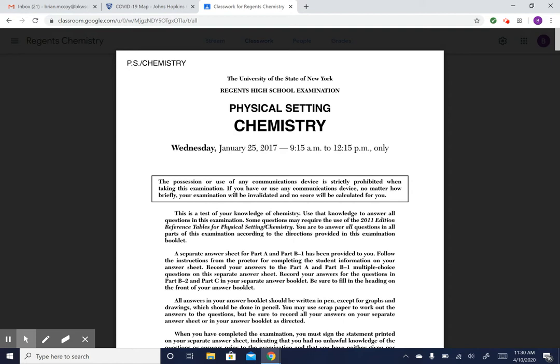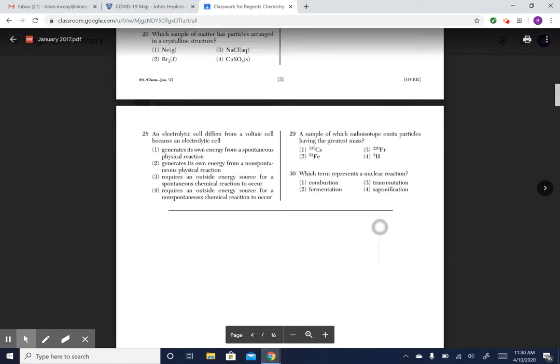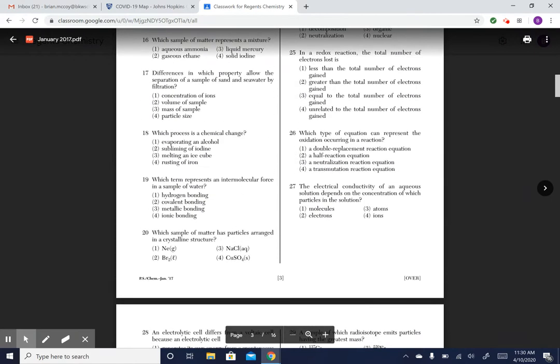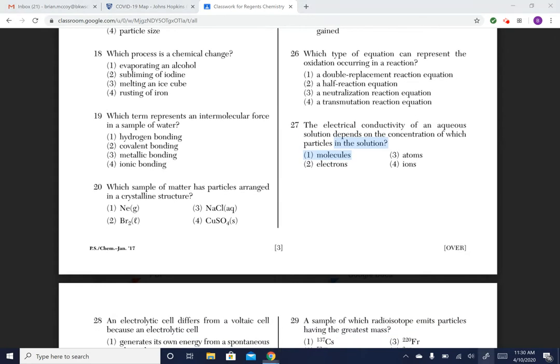So let's see. We had numbers 19, 20. Okay, so here we go. 19: Which term represents intermolecular force in a sample of water? You know what? Actually, I like writing on it.